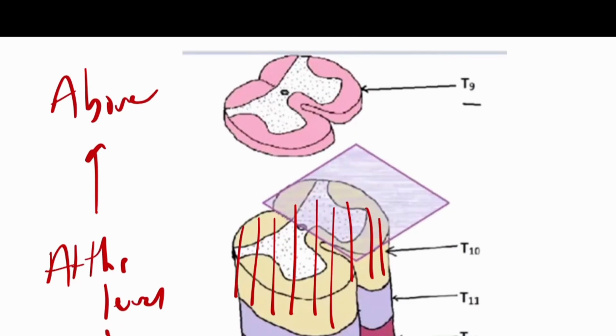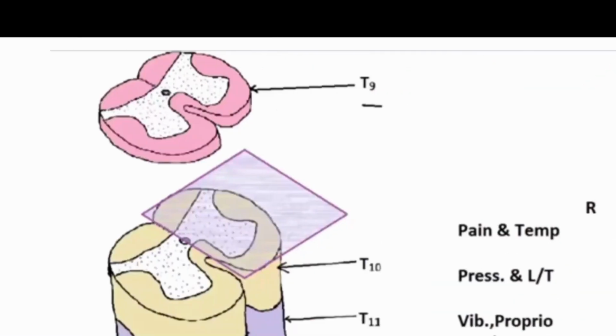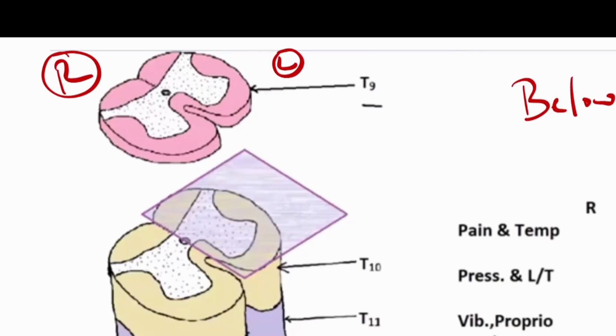Where are they having deficits and where is it occurring? Okay, so we have right side, left side. First we're going to discuss below the level of the injury at T10.